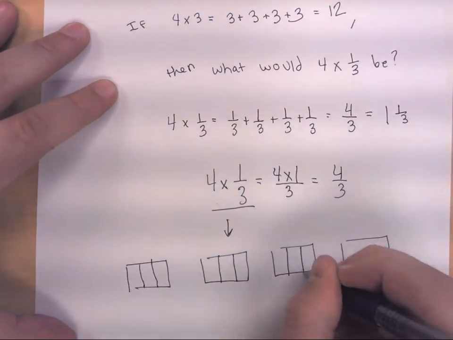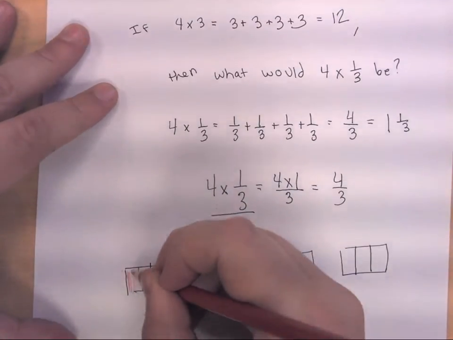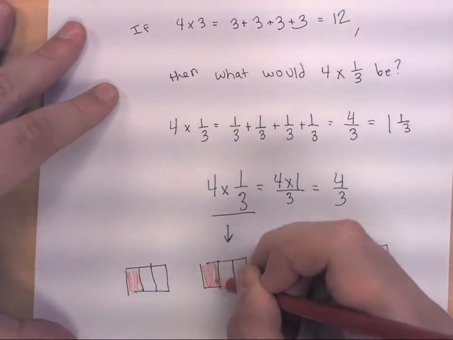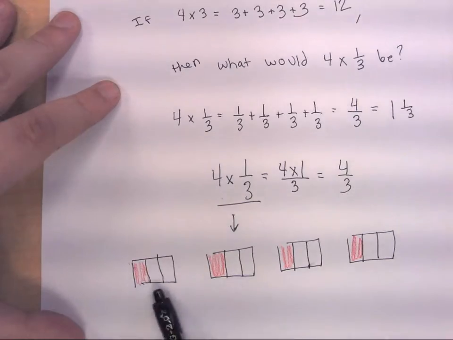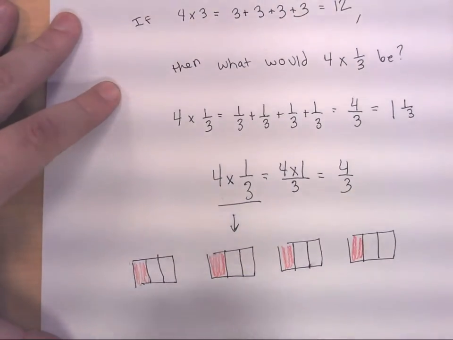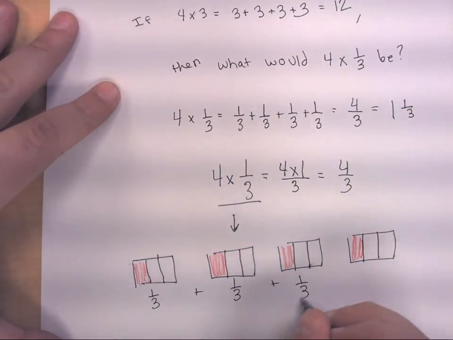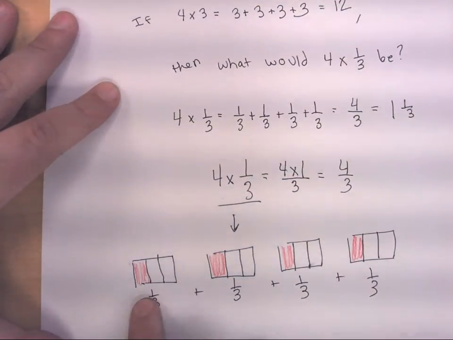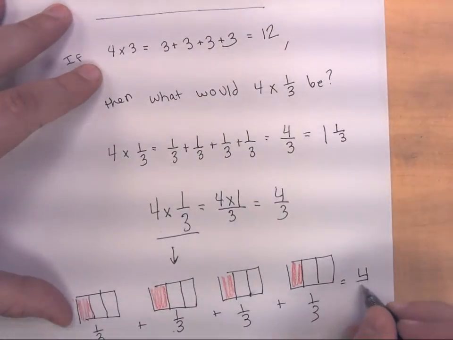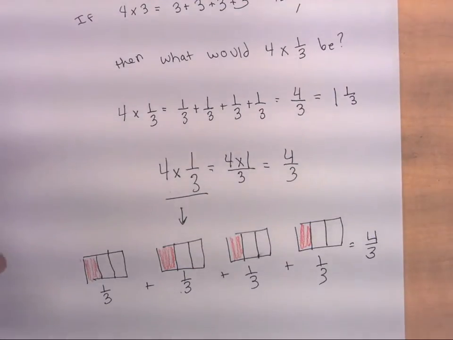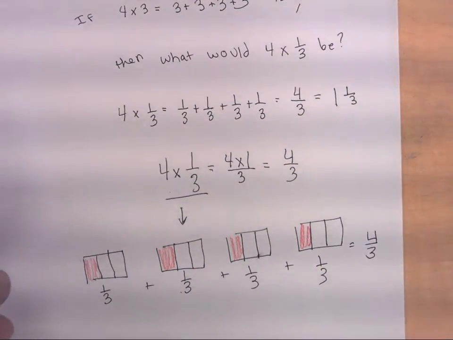They divided each of the boxes or rectangles into thirds. They colored or circled or labeled each of the thirds in the 4 wholes, and they knew that this was visually representing 1/3 plus 1/3 plus 1/3 plus 1/3, and also got the product 4/3 when they multiplied 4 by 1/3.